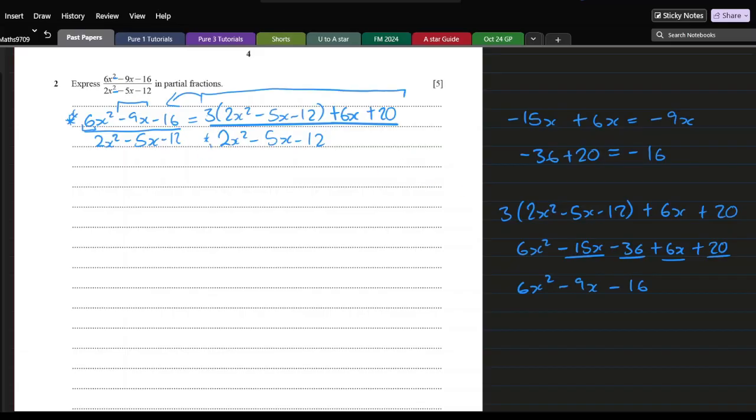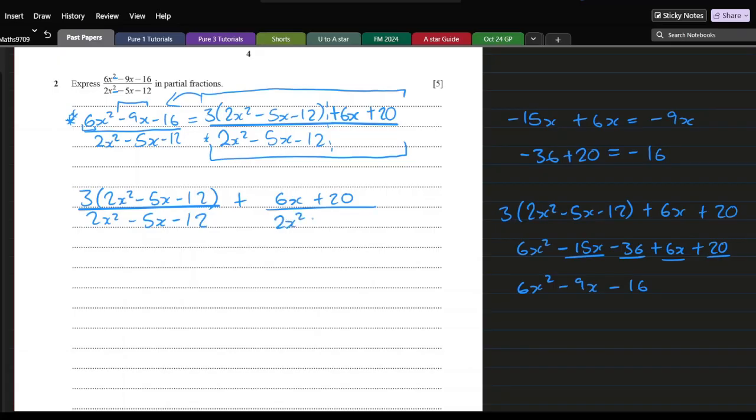The main reason we did it this way is so that we can distribute our denominator and write this as 3 times (2x squared minus 5x minus 12), then you stop at the end of the bracket and give it the denominator, 2x squared minus 5x minus 12, basically splitting it at this point. So that's plus 6x plus 20, and again you also give it the denominator 2x squared minus 5x minus 12.